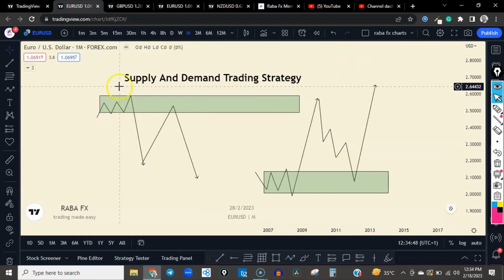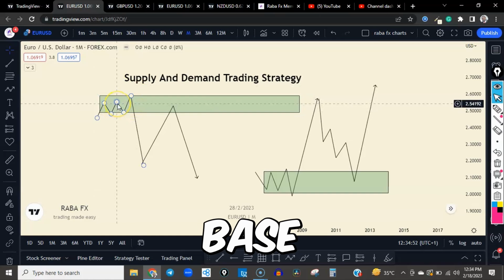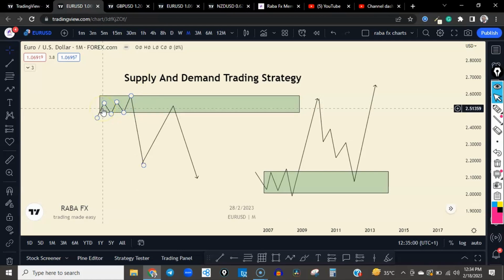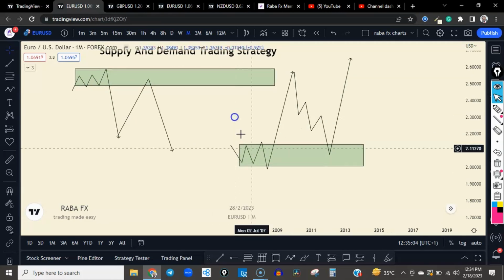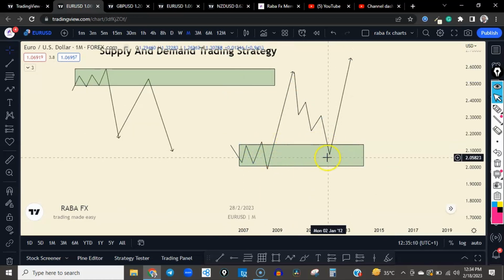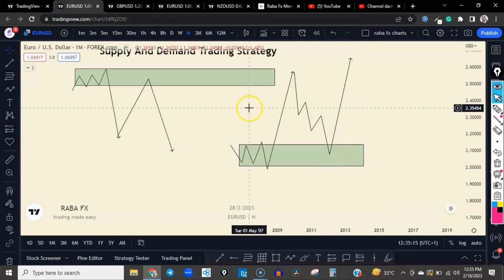Now, the areas where orders were accumulated are called base. Market accumulates, consolidates here, that is the base. Base simply means consolidation, or it means areas of what? Accumulation or distribution. And in this case, the base here is your demand base, where market consolidates, and those are areas where you can easily take a reaction of the market.